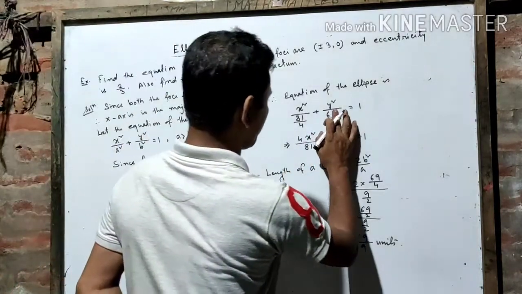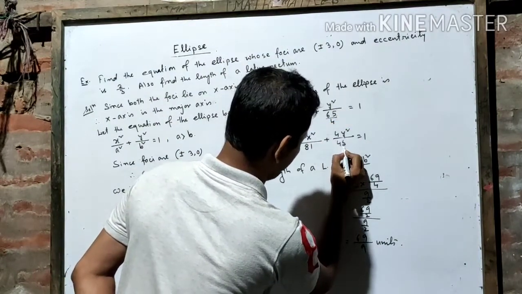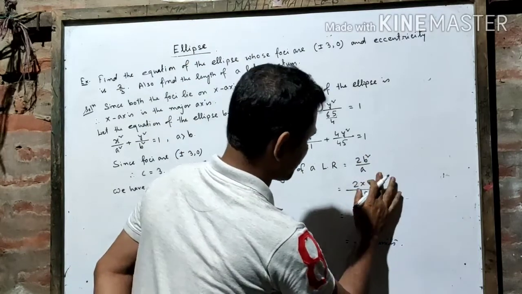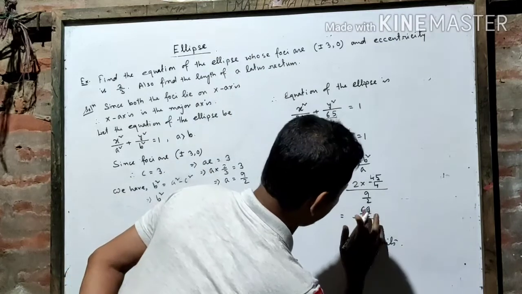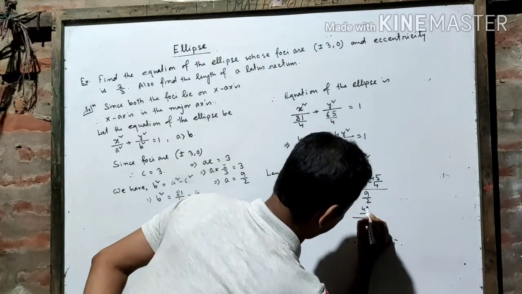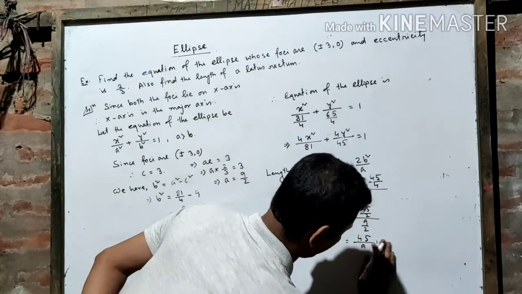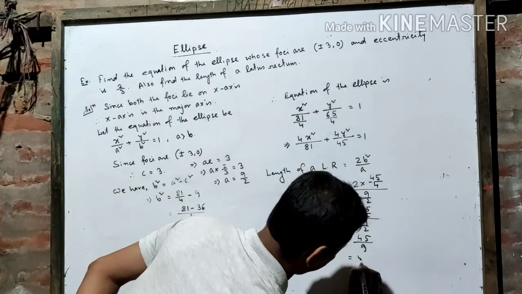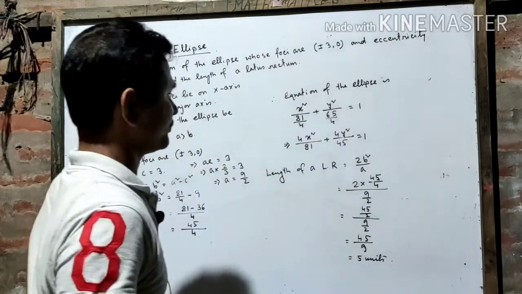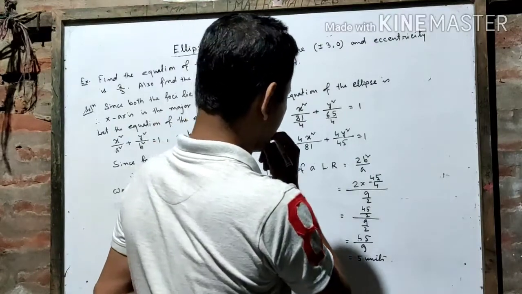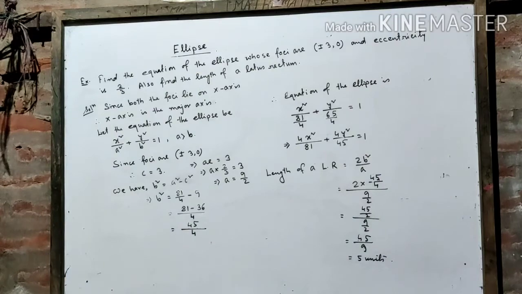The equation of the ellipse will be like this, 45 by 4, this will be 45. And the length of the latus rectum, 2b square by a, that is 45 by 2 divided by 9 by 2, this is equal to 45 by 9 is equal to 5 units. And the equation of the ellipse can be simplified further. Okay, leave it here. So these are the answers.